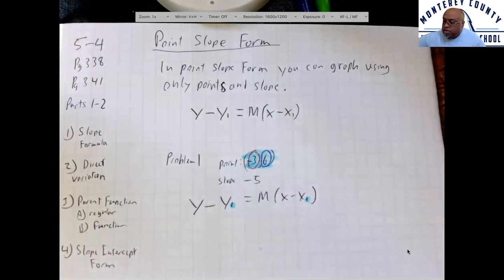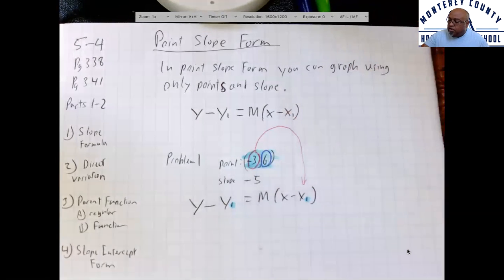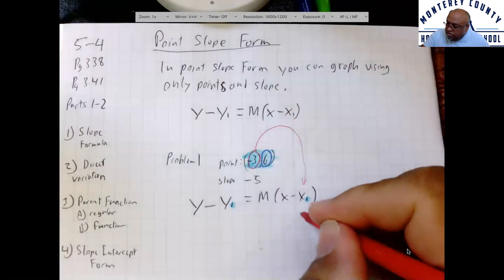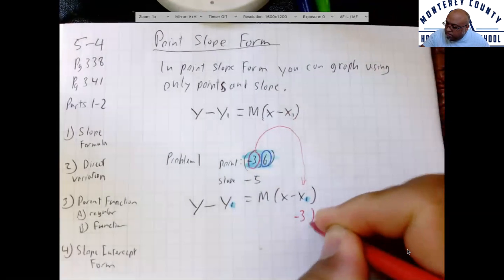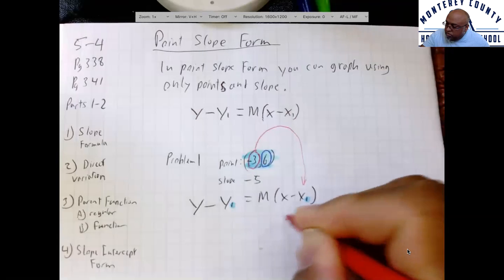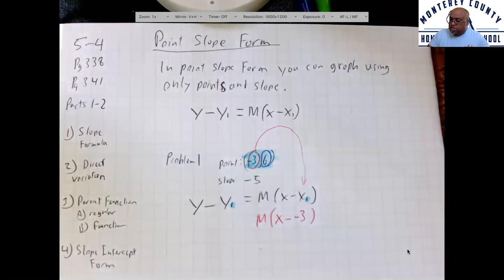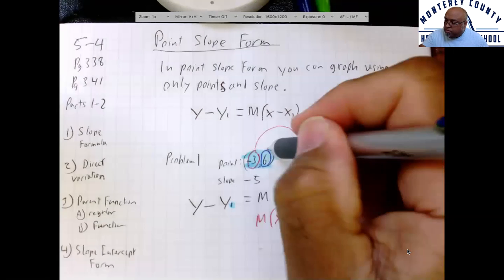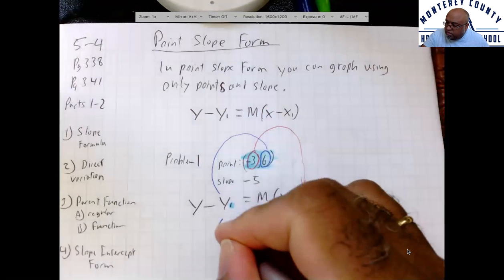So what I have to do here then is substitute the values in the point into the equation. So instead of x sub 1, I'm going to put -3. And instead of y sub 1, I'm going to put +6.